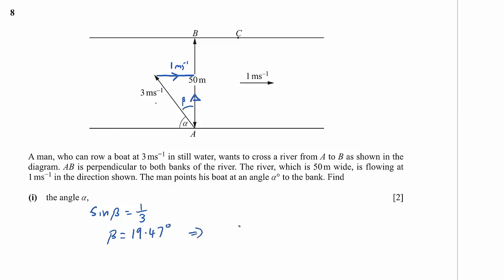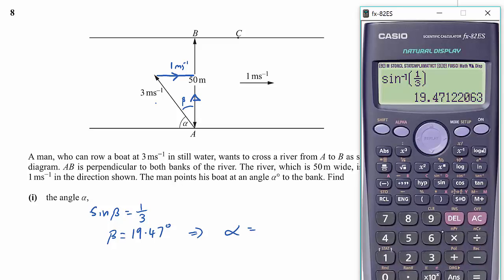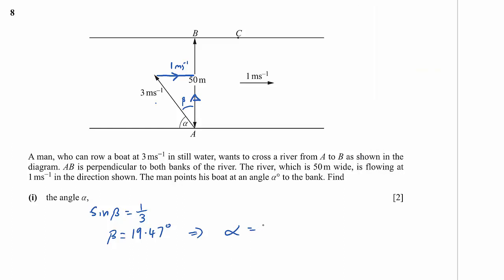And that means that alpha, since we know that's a right angle, is just 90 take away my last answer, and that's 70.53 degrees, correct to 2 decimal places.